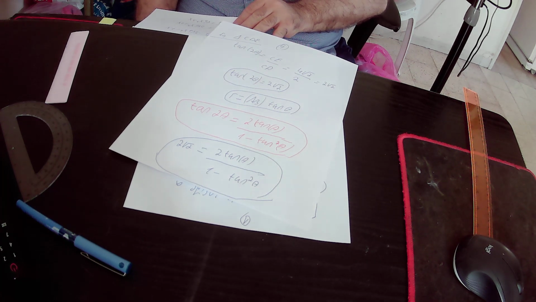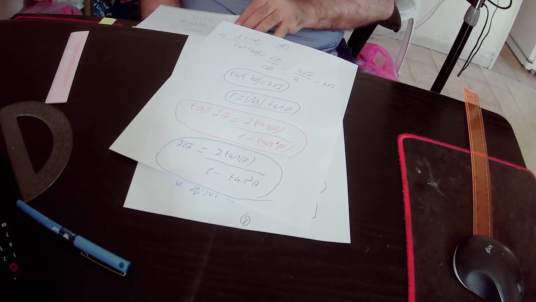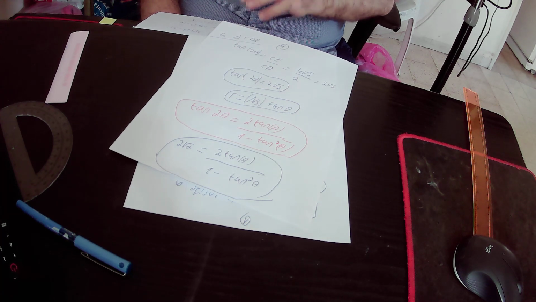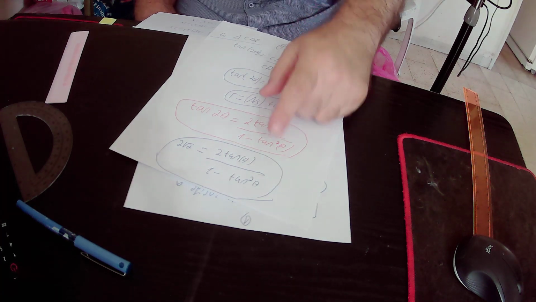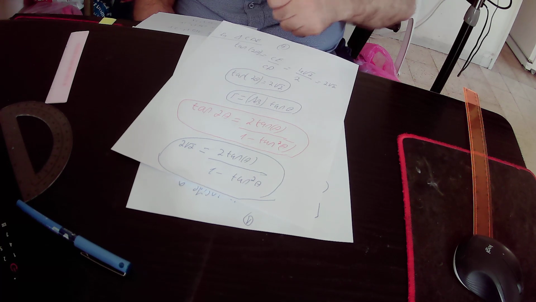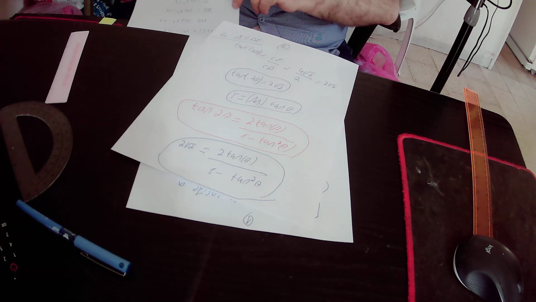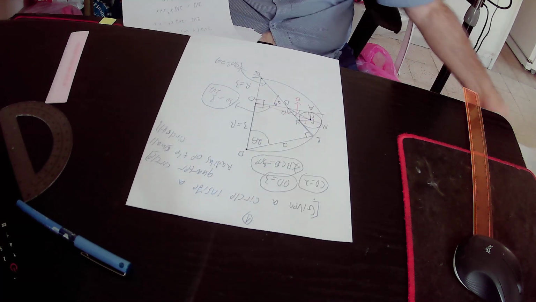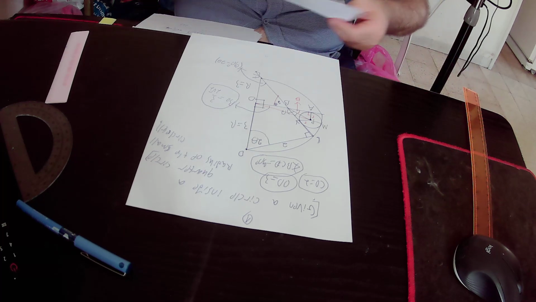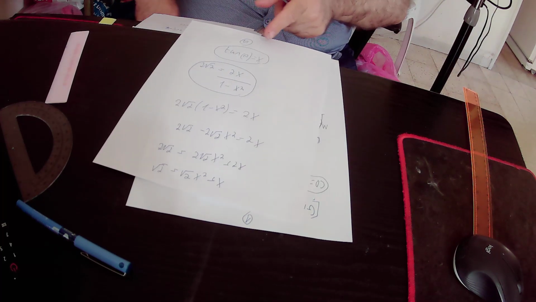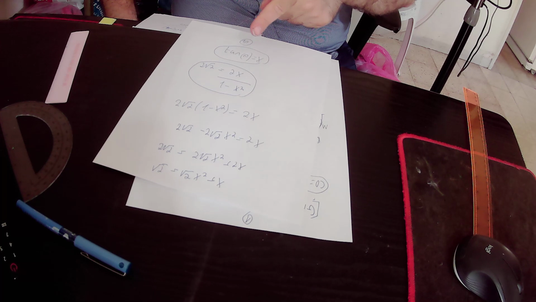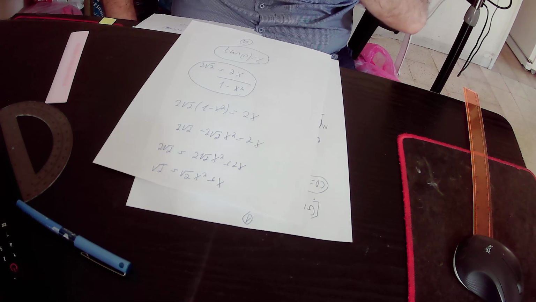And we defined the tangent theta as x, and we got that 2 times root 2 equals 2x over 1 minus x squared.